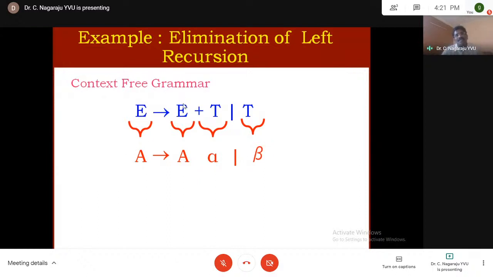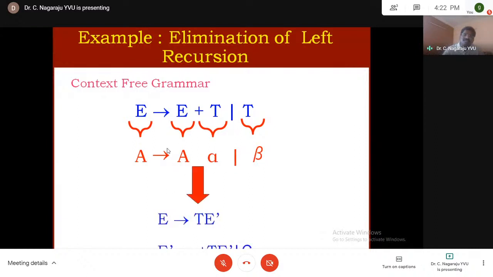We consider E is equal to A, and the next letter, the terminal symbol plus, we keep as it is, and T is replaced with alpha or beta. So this statement and that statement are similar, and then we can rewrite the same sentence.